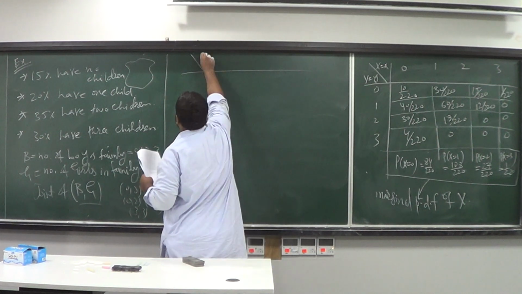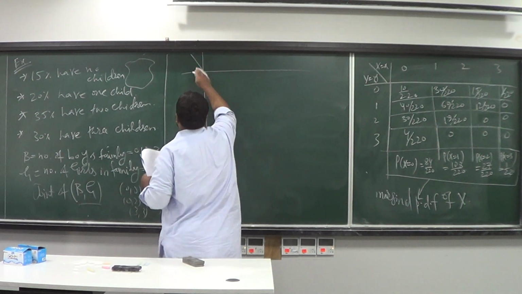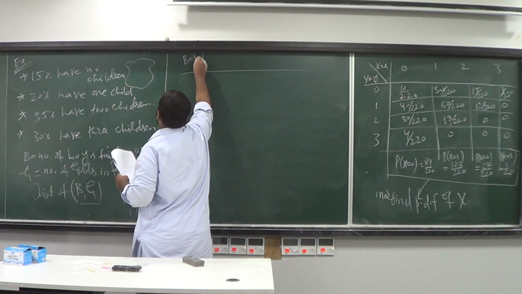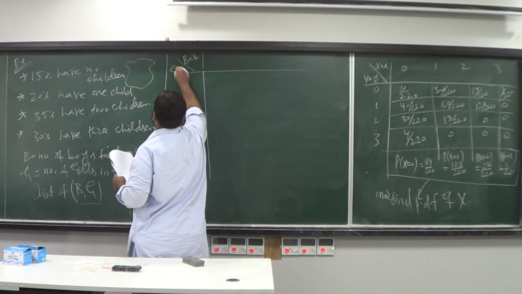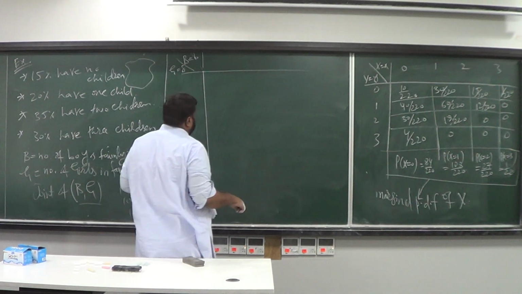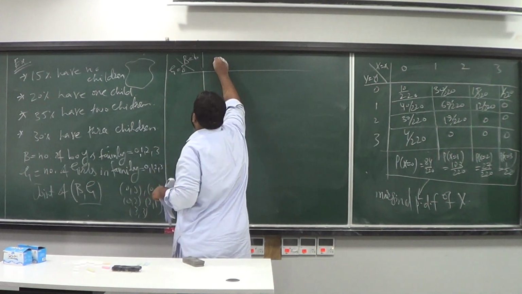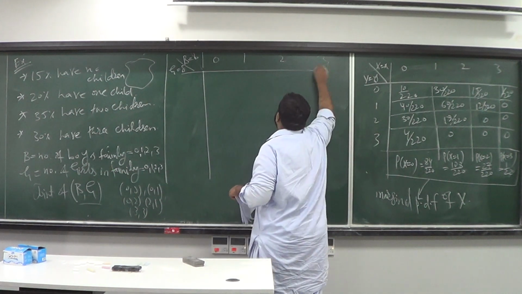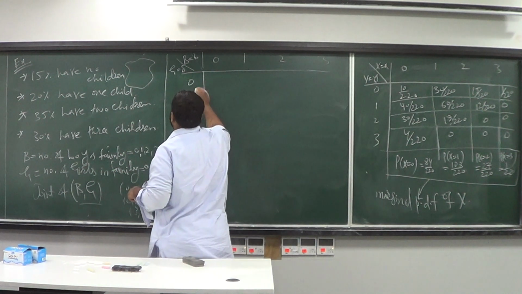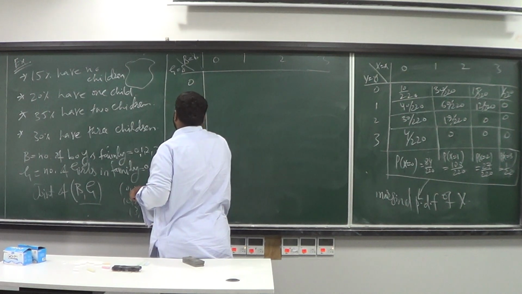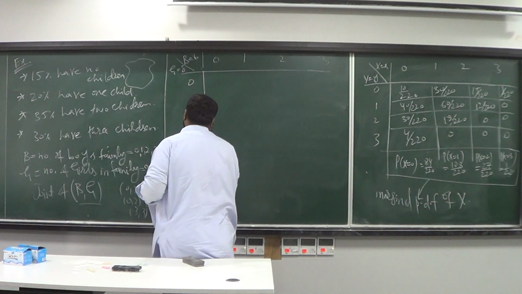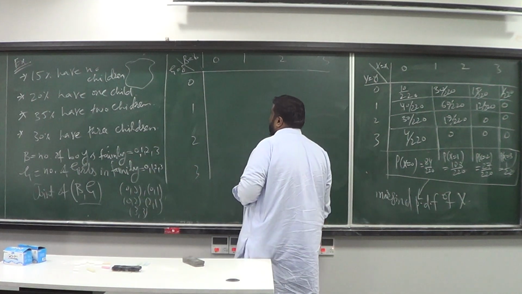If B takes the value small b and G takes the value small g, then small b can be 0, 1, 2 and 3, and g can be 0, 1, 2 and 3. These are the values that it can take.